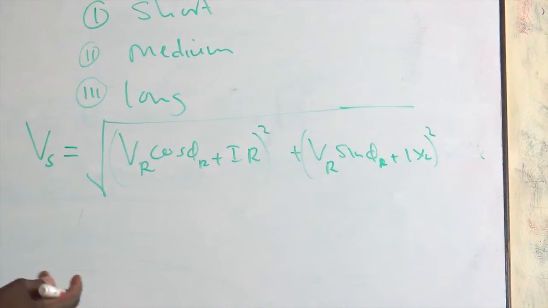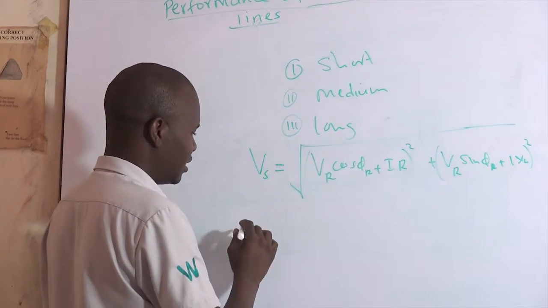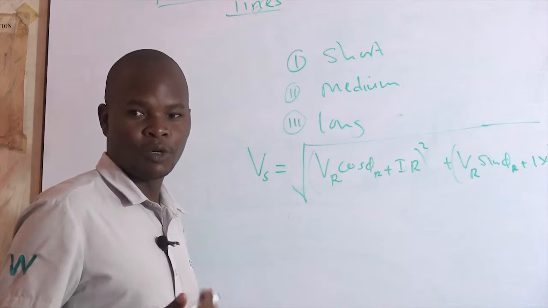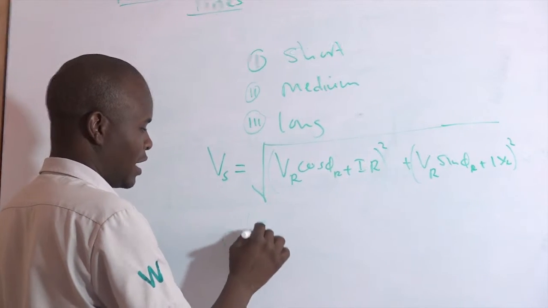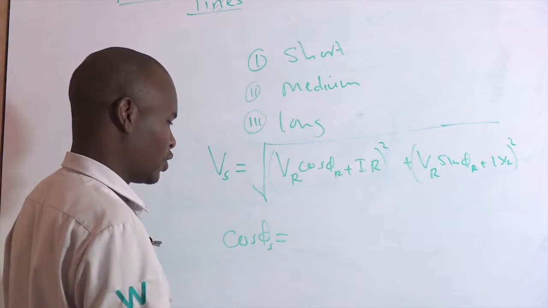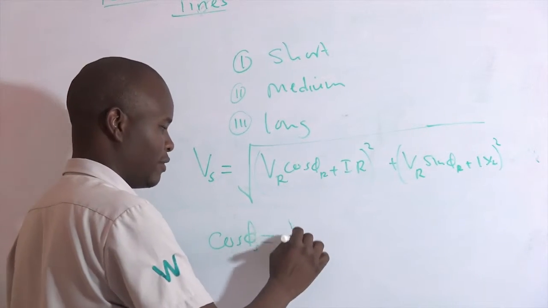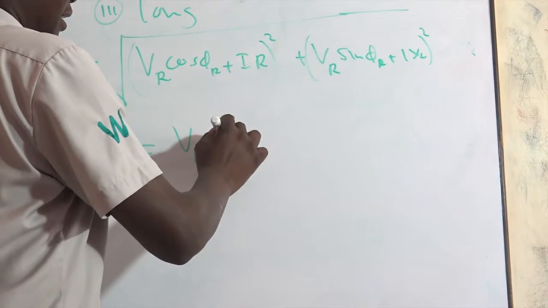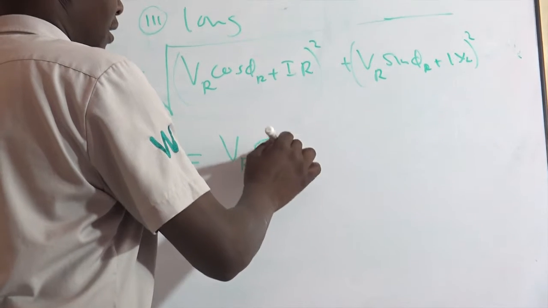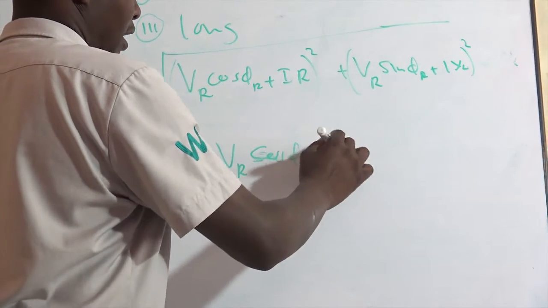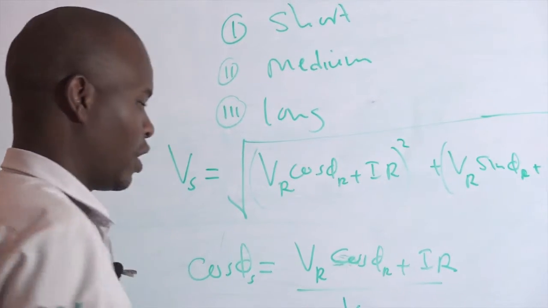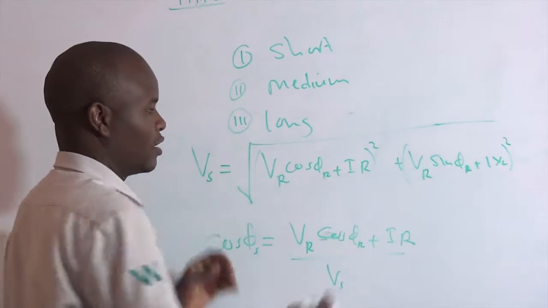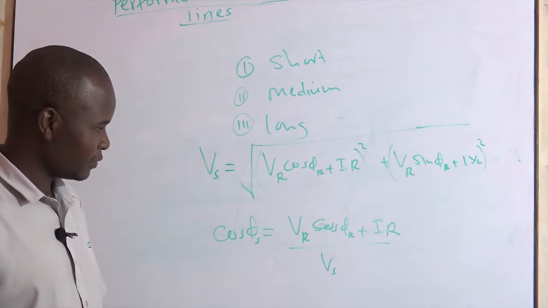We went further and derived the expression for the sending end power factor, cos phi s, which is given by VR cos phi r plus IR, over VS.